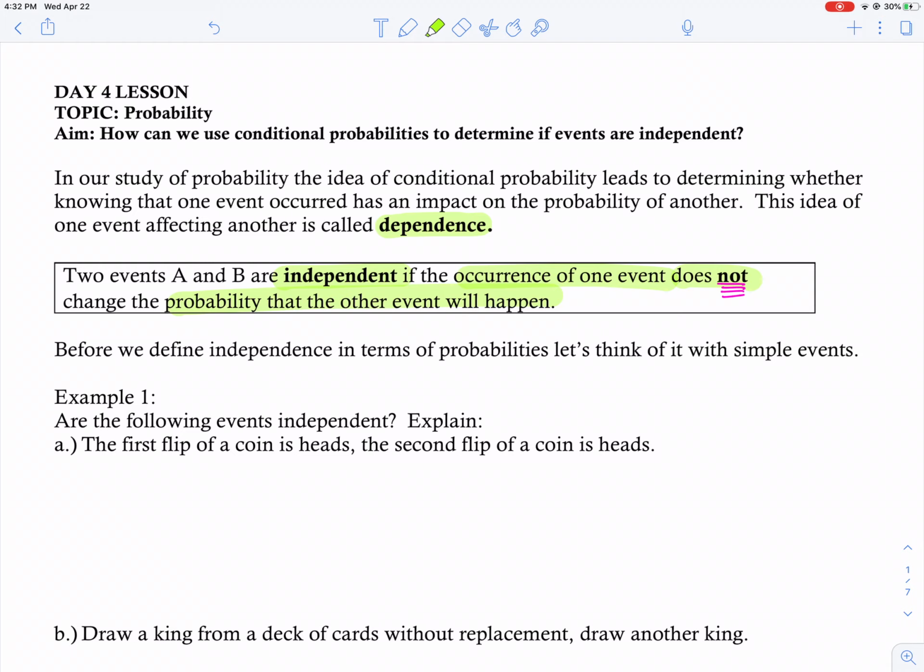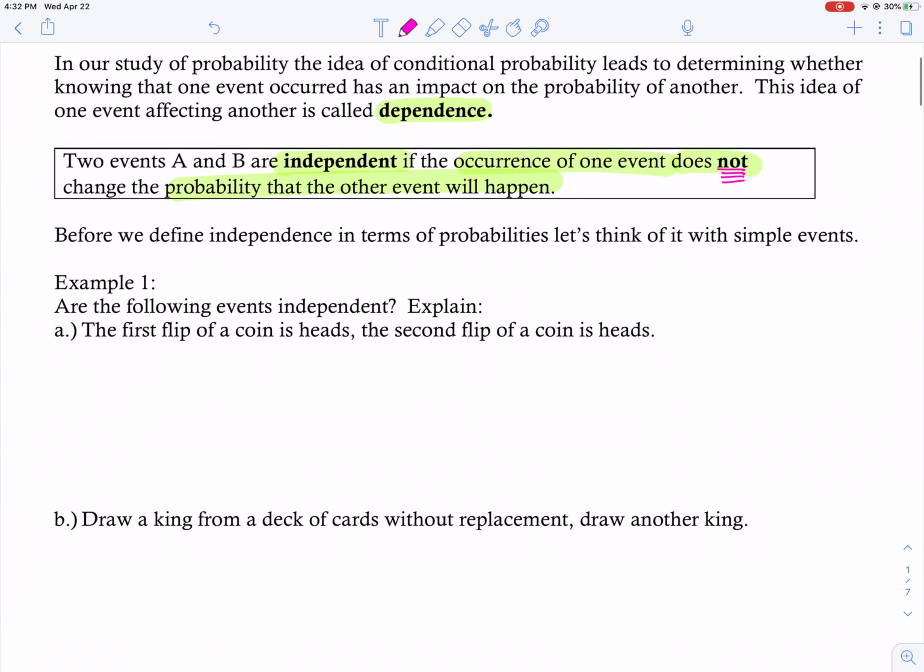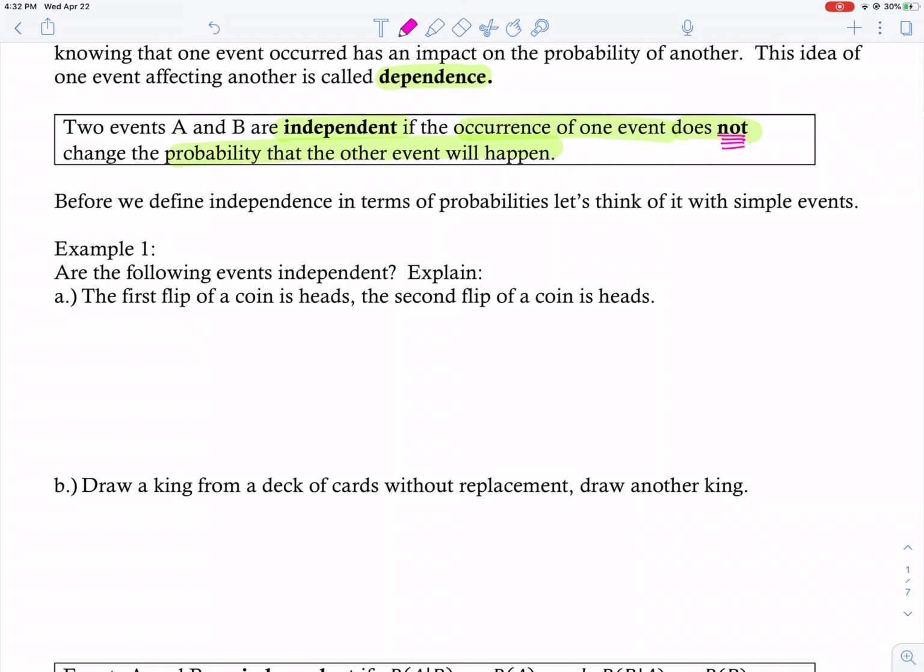Before we fully dive into independence and dependence, let's use basic events to help us figure out what the difference is. Are the following events independent, and explain? The first flip of a coin is heads and the second flip of a coin is heads. Are these events independent?